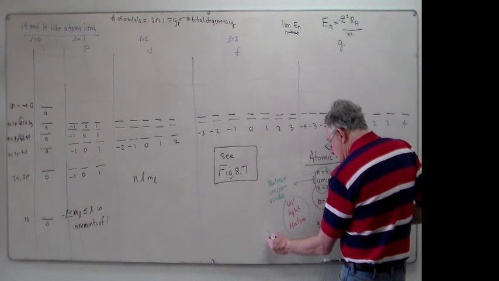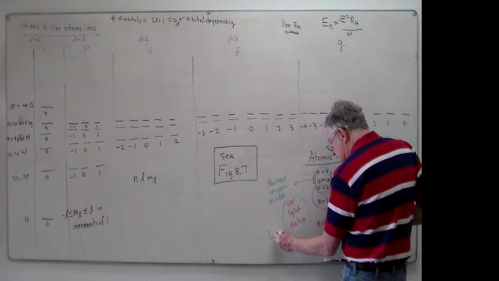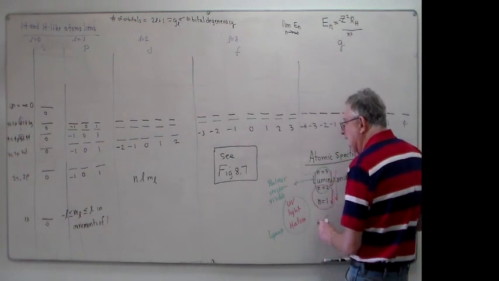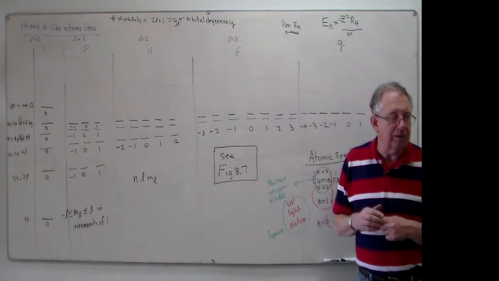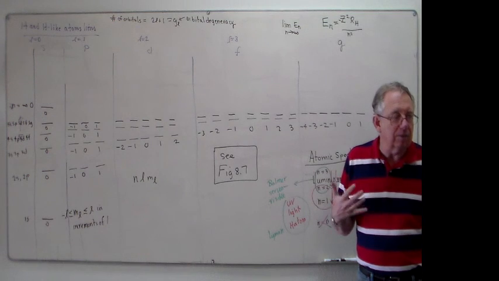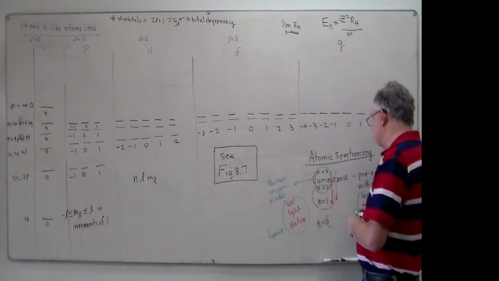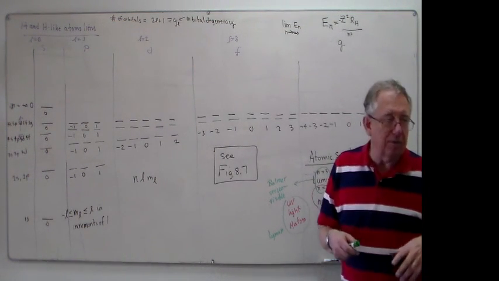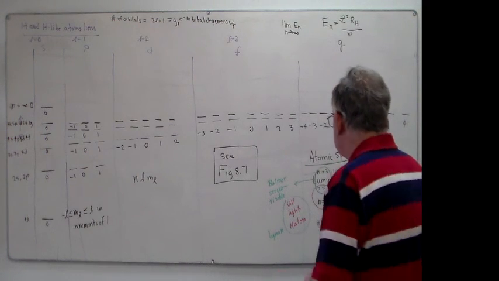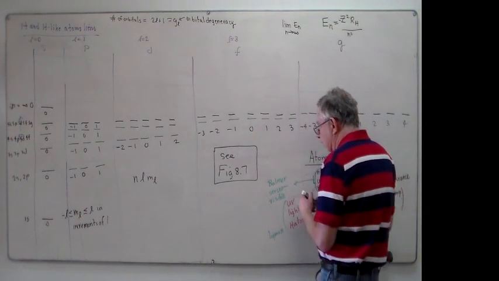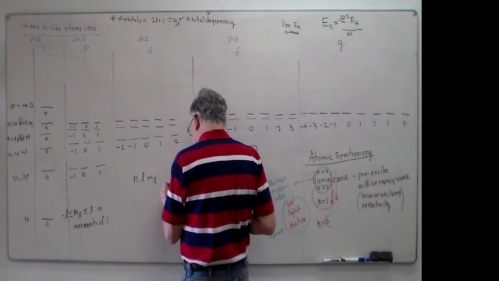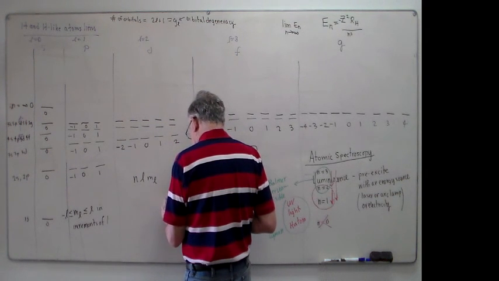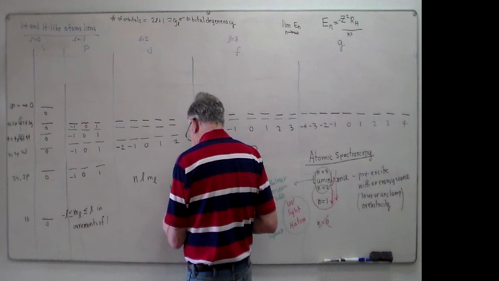This is called the Lyman series. And it tends to be in the ultraviolet part of the spectrum. You can't see it with the human eye, although our detectors can, if they're set up for UV work, see it. So what we're going to be looking at today are, let's just write out several possibilities.